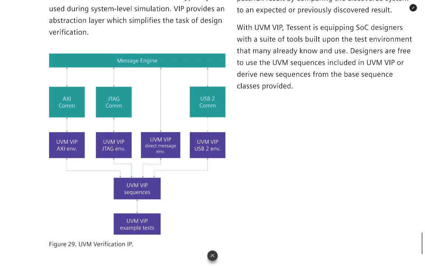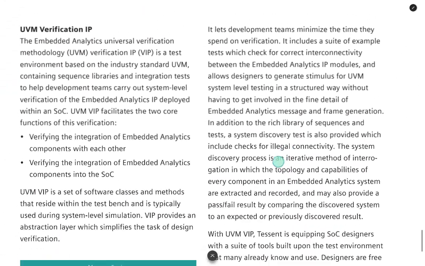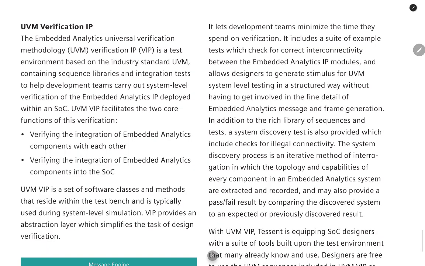Figure 29, UVM verification IP. It lets development teams minimize the time they spend on verification. It includes a suite of example tests which check for correct interconnectivity between the embedded analytics IP modules and allow designers to generate stimulus for UVM system-level testing in a structured way without having to get involved in the fine details of embedded analytics methods or frame generation.